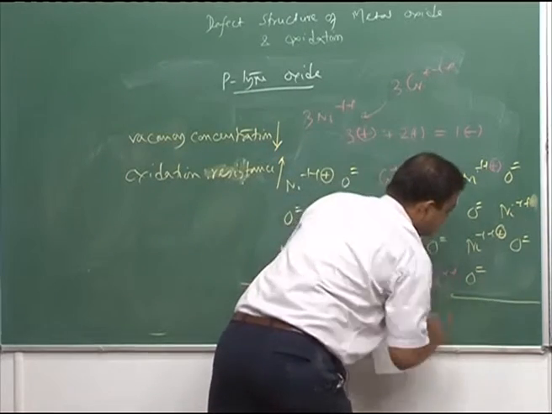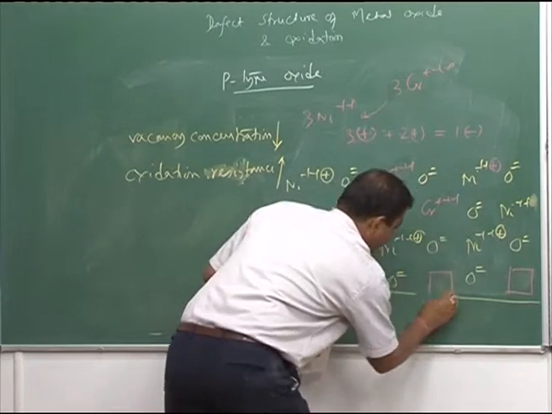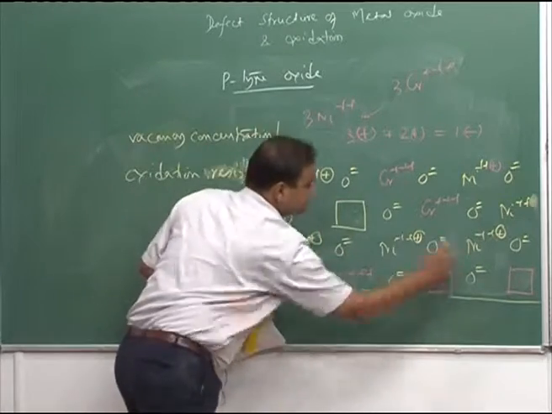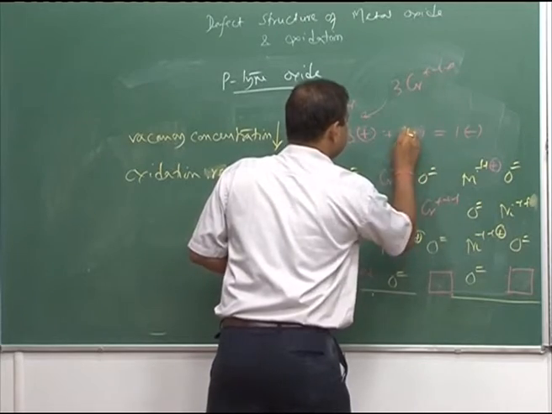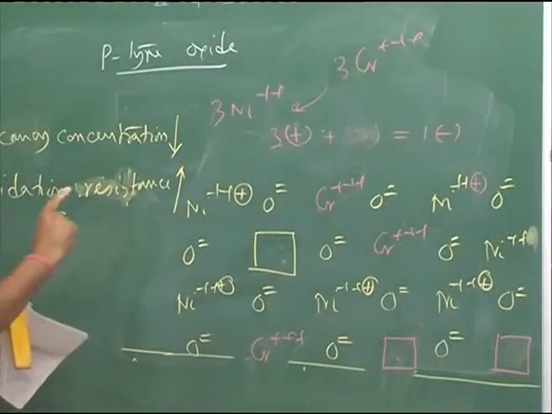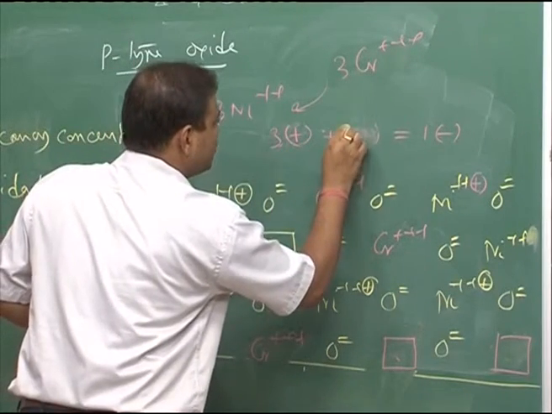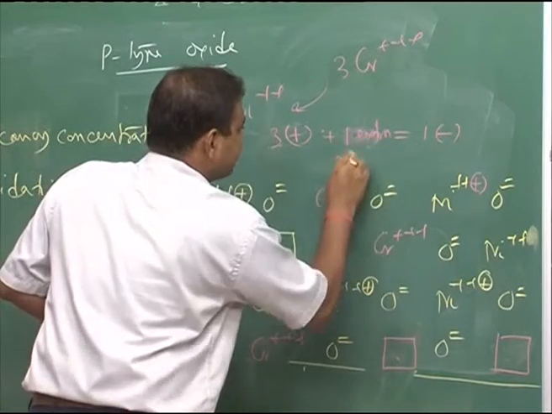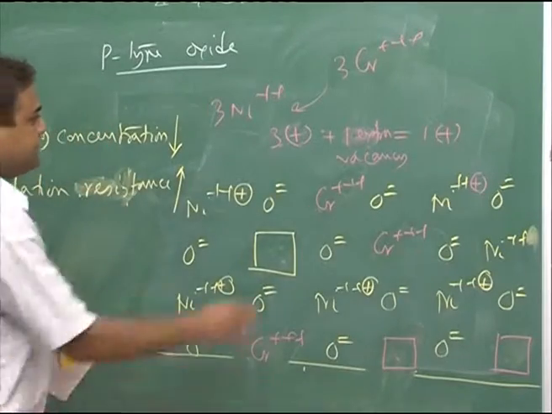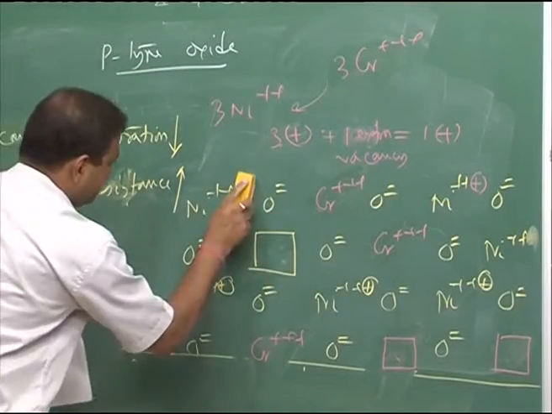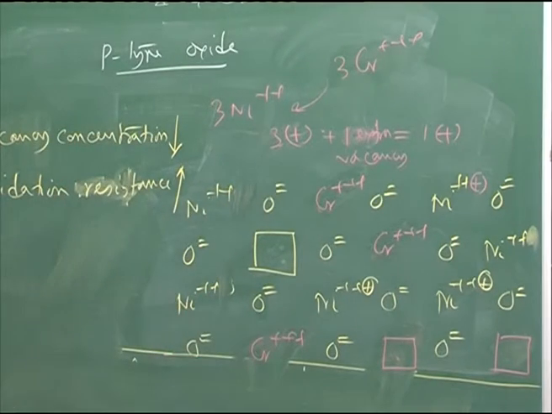So, we have 3 vacancies, then one extra positive charge is still left, and in order to balance that we can reduce the positive hole.